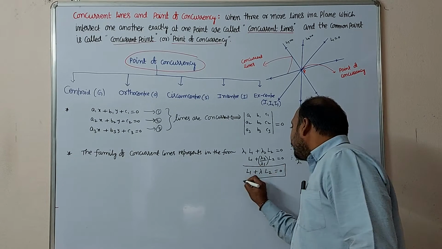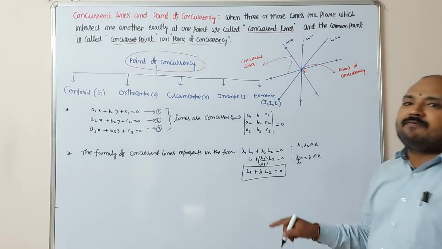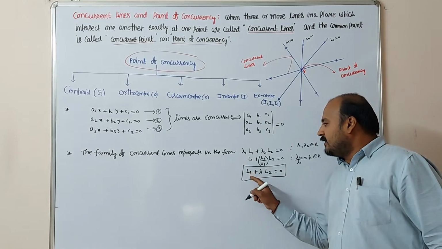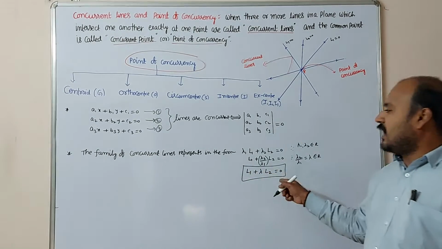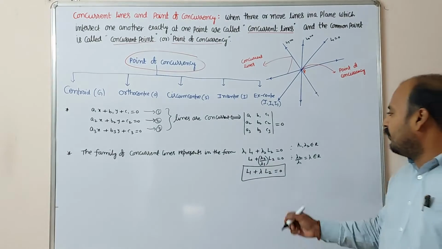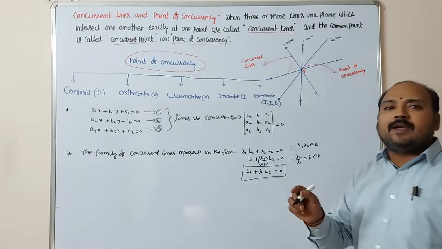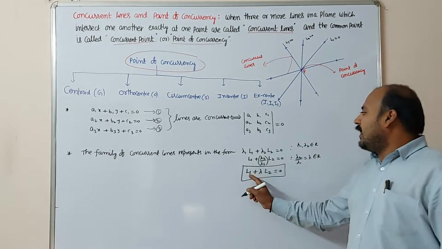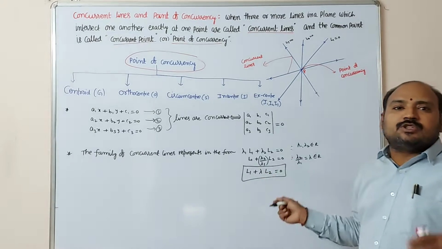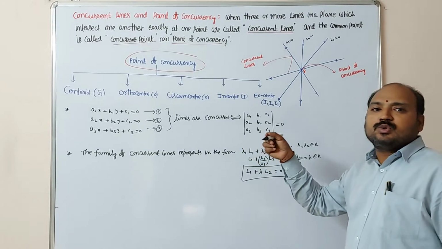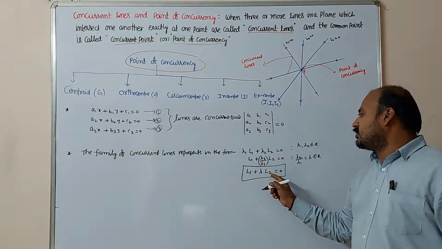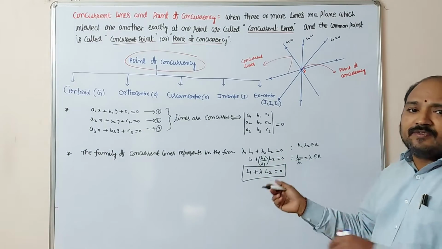Now onwards, the family of concurrent lines is in the form L1 plus lambda L2 equal to 0. In place of 1, 2, if you put i, j, then Li plus lambda Lj equal to 0, where i is equal to 1, 2, 3 and so on, and j is equal to 1, 2, 3 like this, different lines.